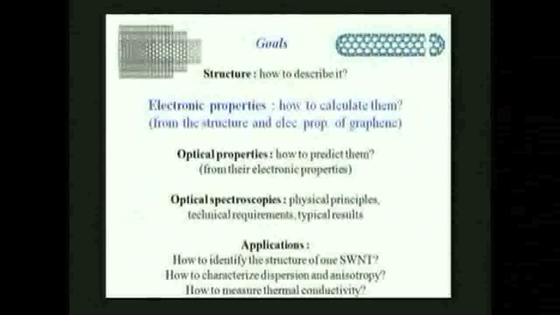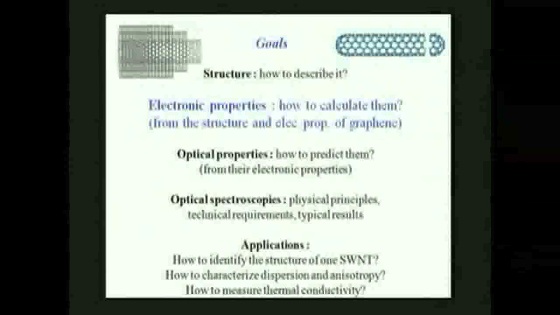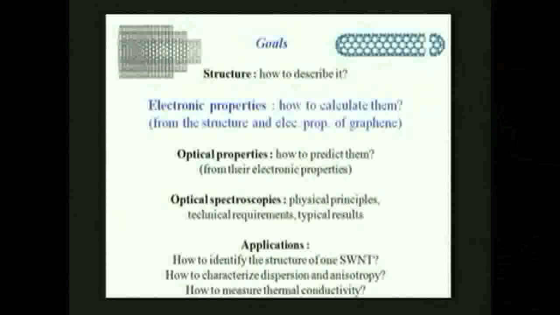So today we will present results calculated in the tight binding approximation, which is quite a good approximation for the electronic properties of graphene. And we will see how we can calculate the properties of nanotubes, provided we know the electronic properties of graphene.